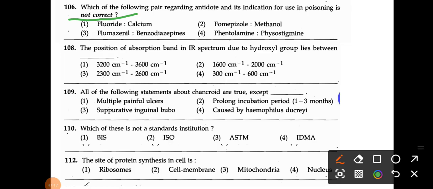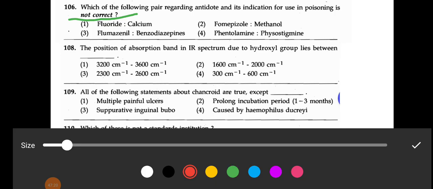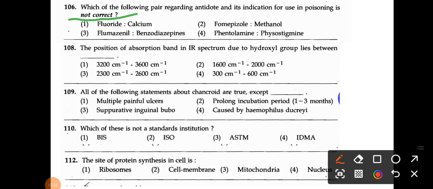So the correct answer is option number 4, phentolamine and physostigmine. That pair is not correct, because fluoride has calcium as antidote, fomepizole for methanol or alcohol poisoning, flumazenil as a benzodiazepine antagonist, but phentolamine and physostigmine is a wrong pair here.